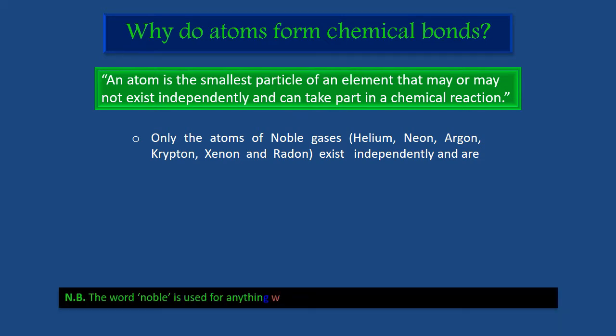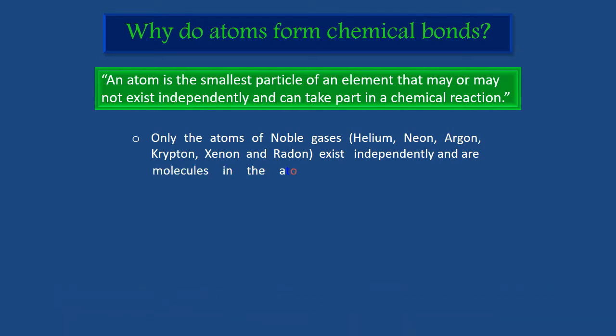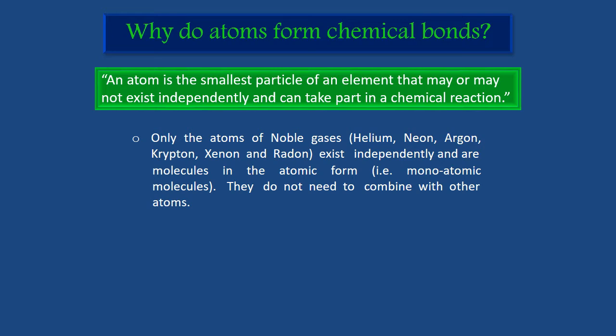Note this: the word noble is used for anything which does not combine or react under normal conditions. This implies that it can react under severe conditions. और independently exist करने का मतलब है that they are molecules in the atomic form, that is monoatomic molecules, यानी एक एटम पर मुश्तमिल molecule, and they do not need to combine with other atoms.